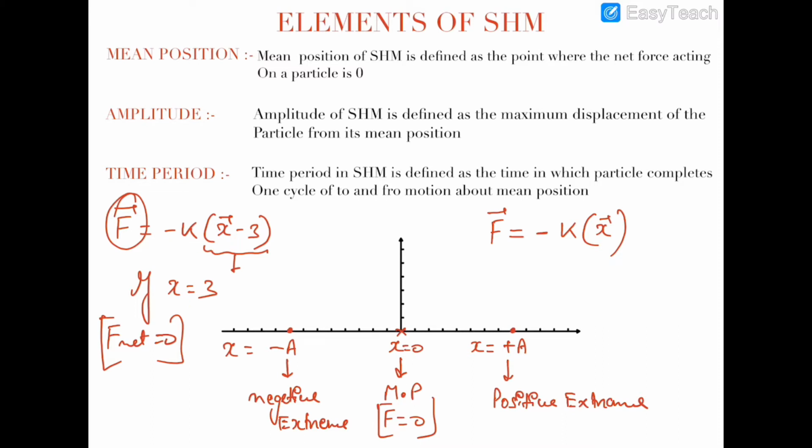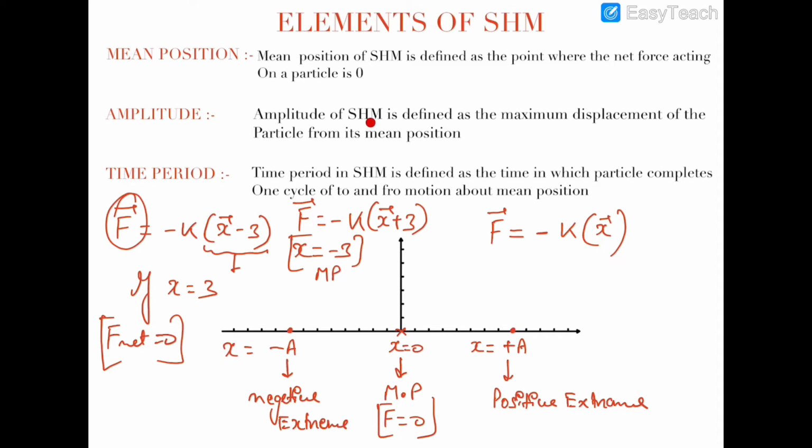Now if it was written that F = -kx + 3, then the mean position would be a point where x is equal to -3. So this is very important to note that mean position is a point where net force on the particle is 0.